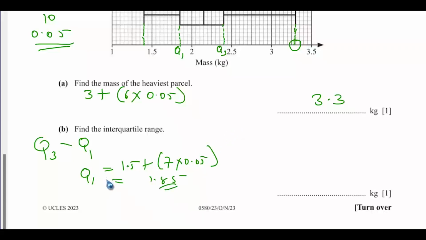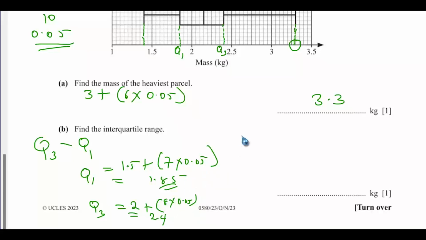Okay, so we can do the same thing for Q3. So Q3 will be equal to, okay, you already have 2 here, that will be 2 plus the value from 2, you have how many lines? You have 8 lines up to this point here. So that will be 8 multiplied by 0.05, and that will give you 2.4.